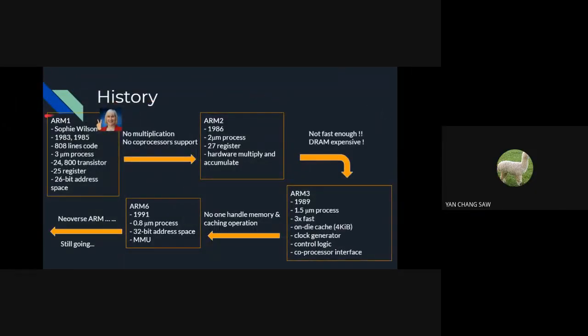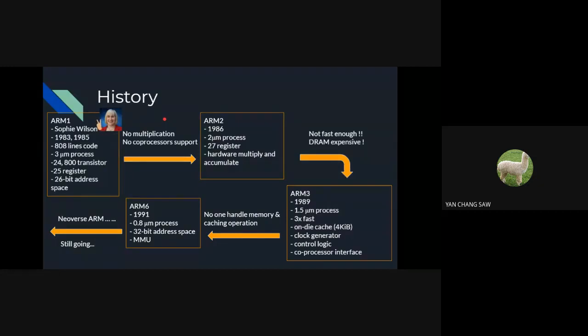Moving into the history of the ARM processor. The history begins with the first ARM processor, the ARM1, created by Sophie Wilson in 1983 and fabricated in 1985 using VLSI Technology's 3 micrometer process. It has 808 lines of code, 24,800 transistors, 25 registers, and uses a 26-bit address space.